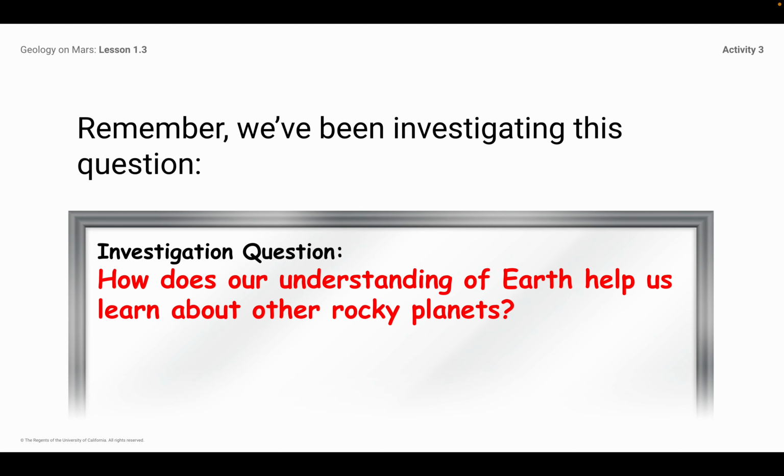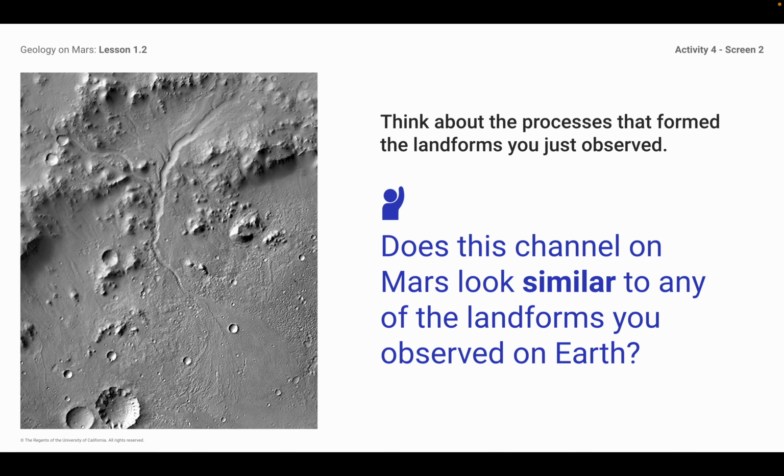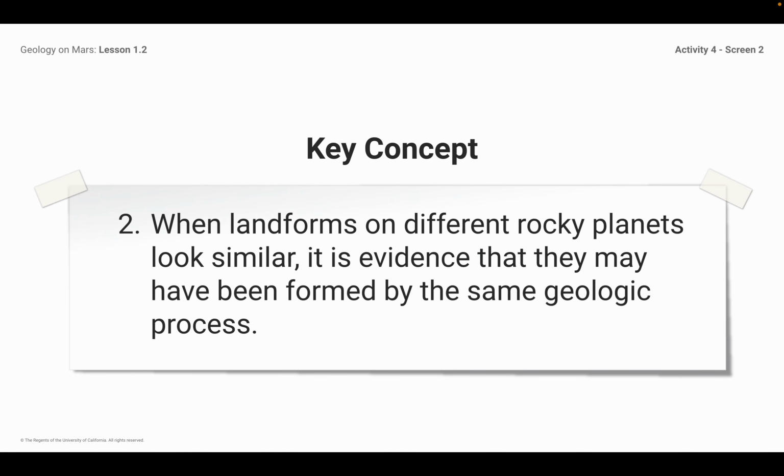I wanted to go back here real quick and talk to you about this key concept one more time. I'm hoping that you remember that you're using your key concepts to explain why the evidence that you use to support your claim makes sense.